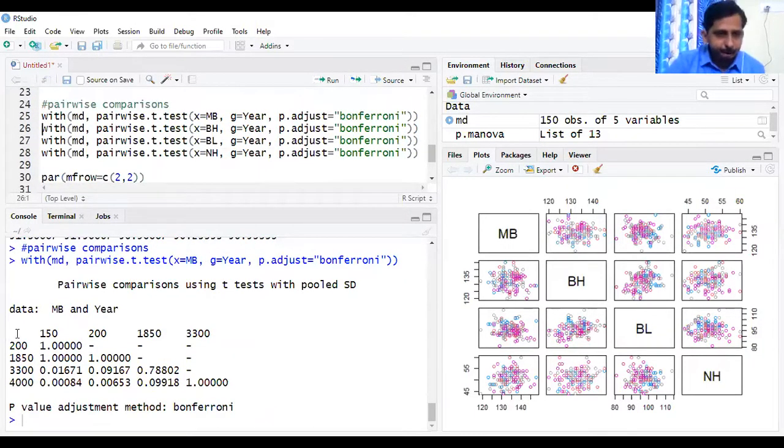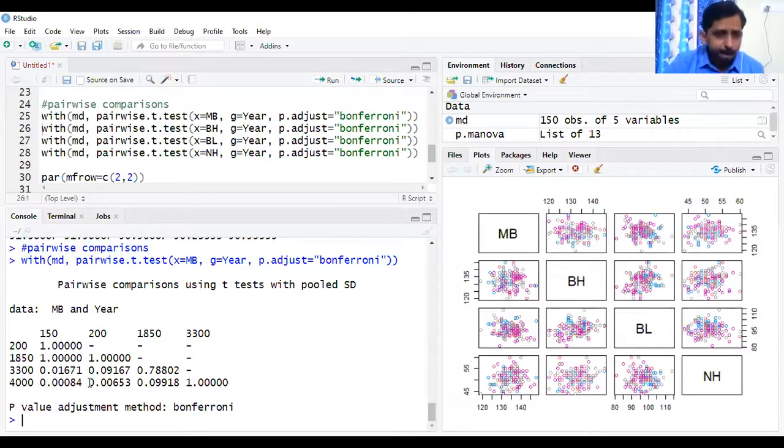Now this is the pairwise comparison table. This is the pairwise t-test. This p-value is between 150 and 200. This p-value is for 150 to 1850. This p-value is for 150 to 3300. And this p-value is for 150 to 4000.